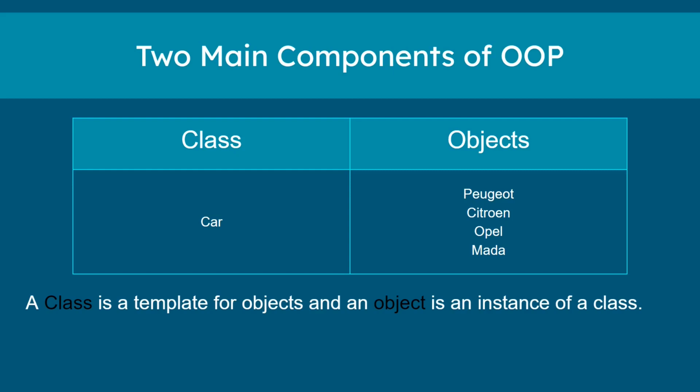Classes are templates for creating different objects, many objects of that template. For example, you can have a template for a car and then reuse that template for different cars with different models, different prices, different colors, and so on.